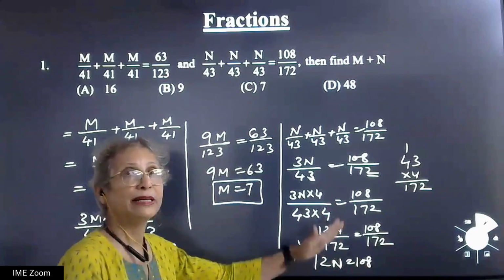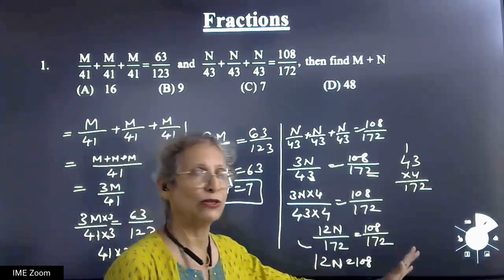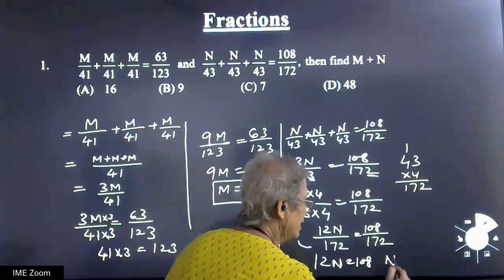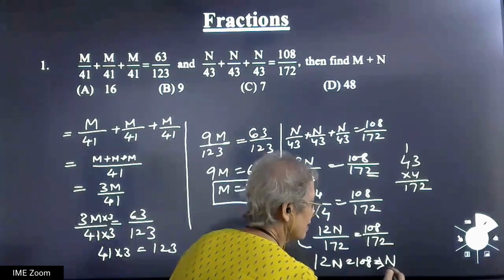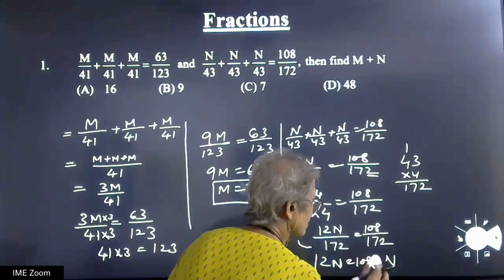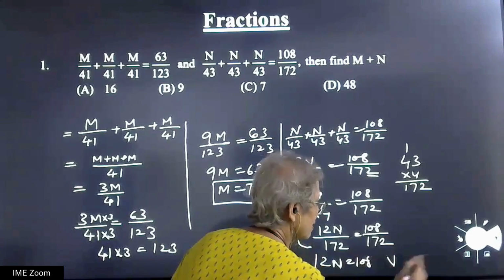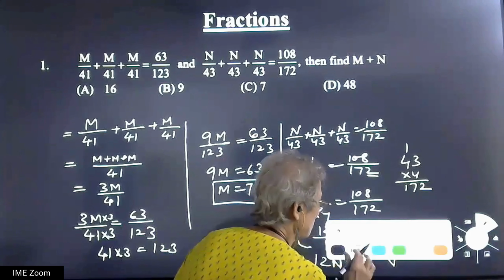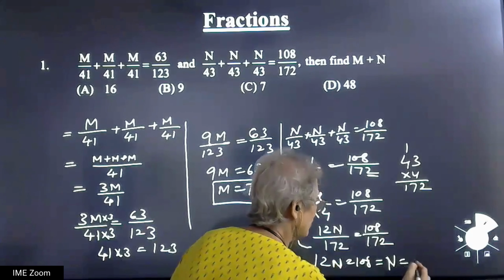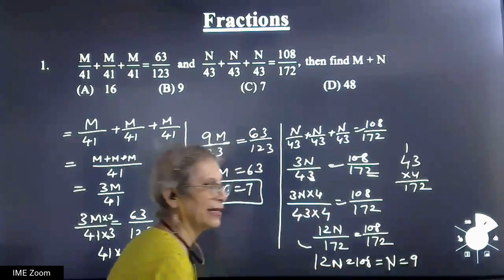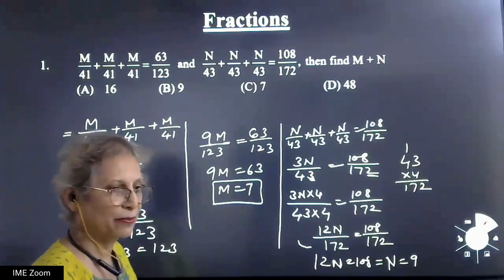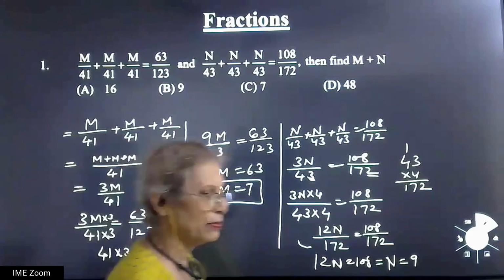As I have told you, if denominators are same and fractions are also same, their numerators must be same. And therefore n is equal to, 12 9s are 108. So n is 9. And now our final step. We'll do our final step.